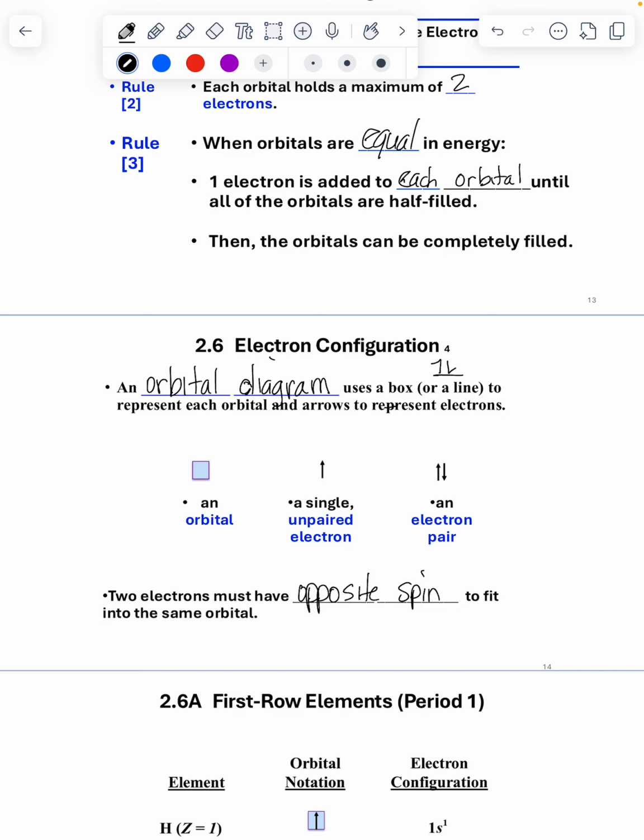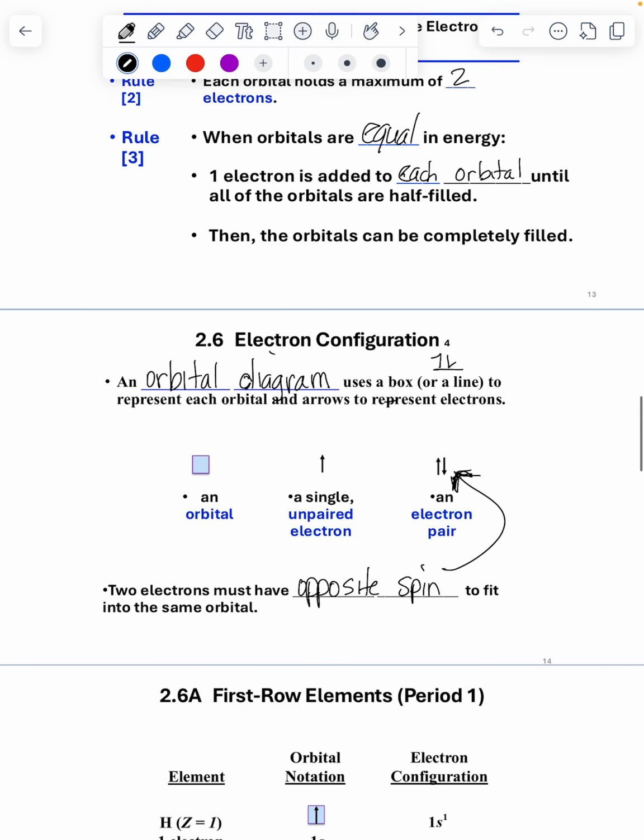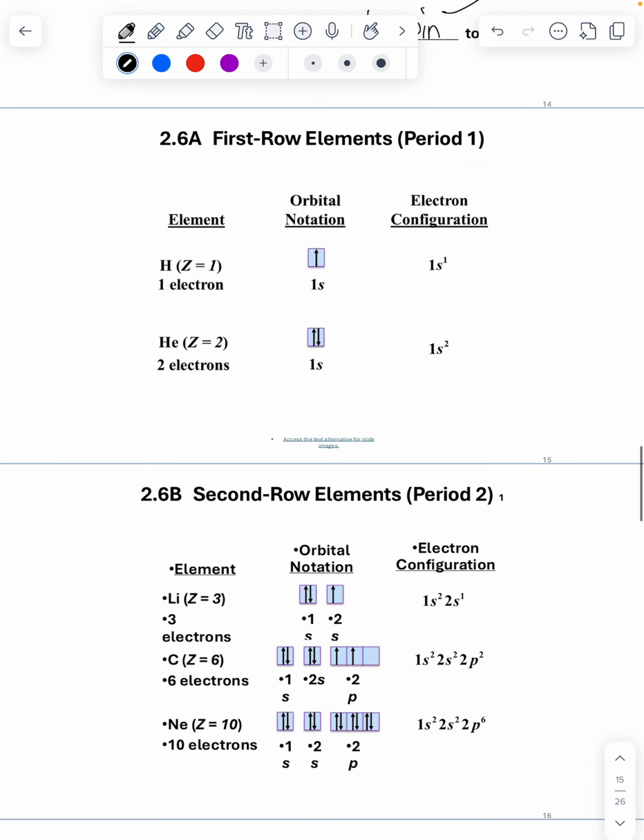All right, the next couple of slides just give you some examples of the elements and their orbital notation and electron configuration. Notice the orbital notation shows the different orbitals, and the electron configuration simply shows the principal energy number and the sublevel along with the number of electrons. So the first one is hydrogen.